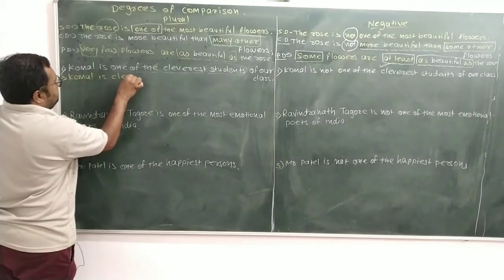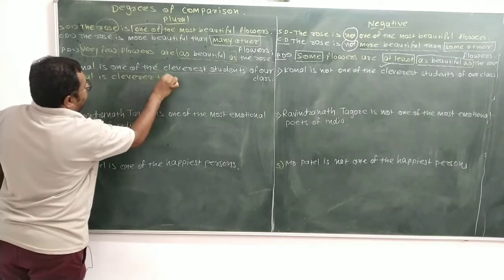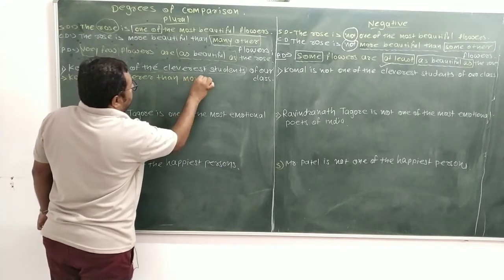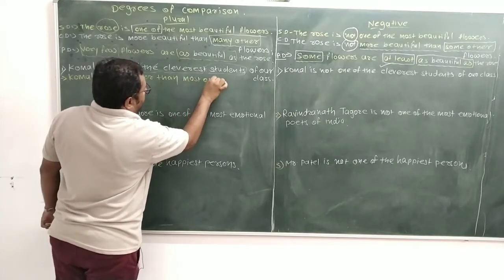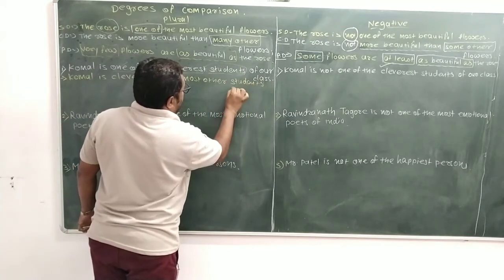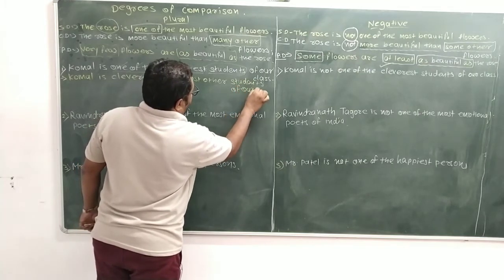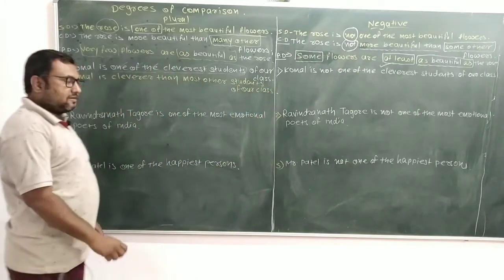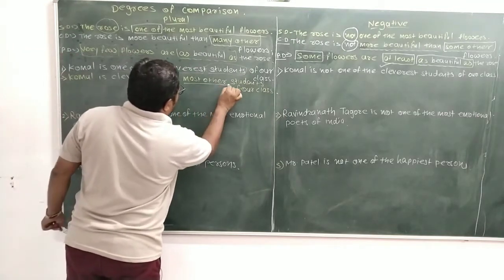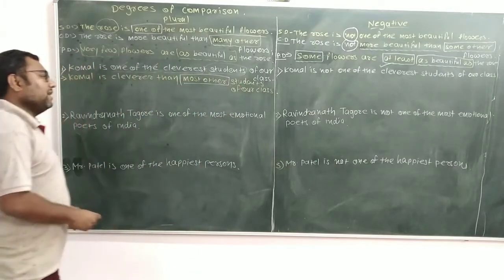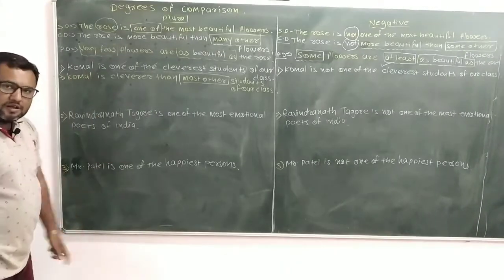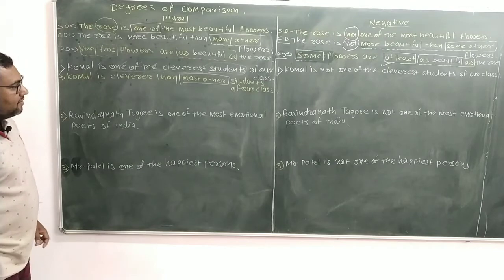So Komal is cleverer than most other, or many other, students of our class. Komal is cleverer than most other students of our class. First of all we make the comparative degree, after that the positive degree, so that you can understand very well.